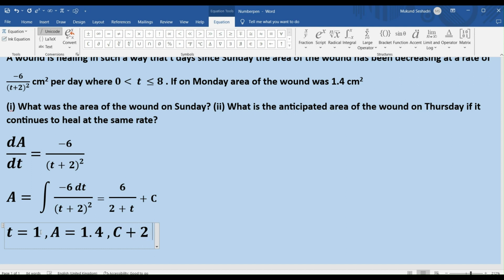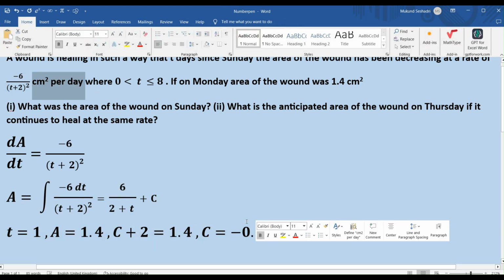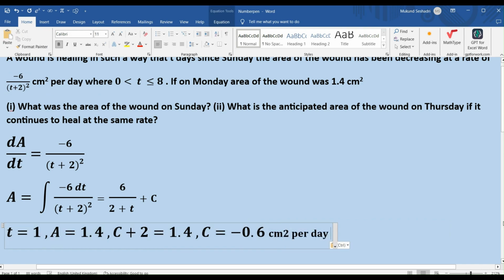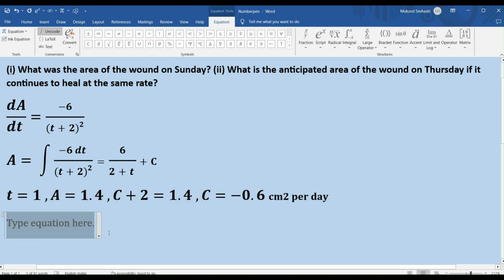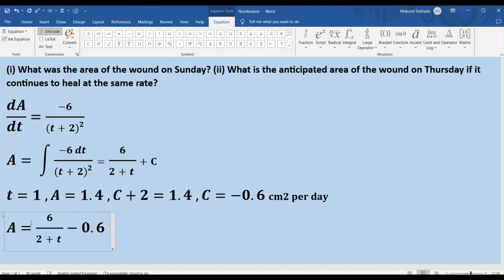So I have C plus 2 equals 1.4, which means C equals -0.6 centimeter square per day. So that's the value of my C. Now I can write my A with the value of C: A equals 6 divided by (2 plus t) minus 0.6.